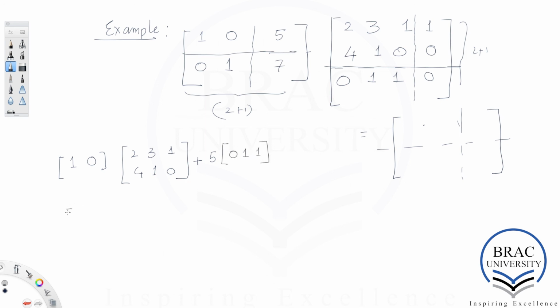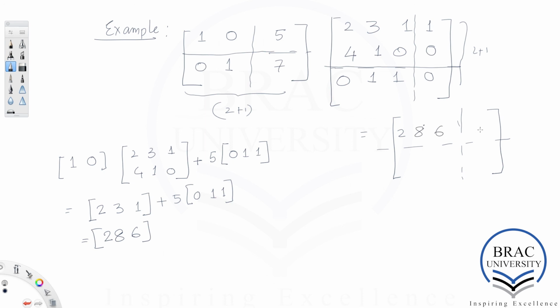What do we get? We get 2, then we get 3, then we get 1, right? Plus 5 0 1 1. So we have 2, then we have 8, then we have 6. So we have 2 8 6 here.